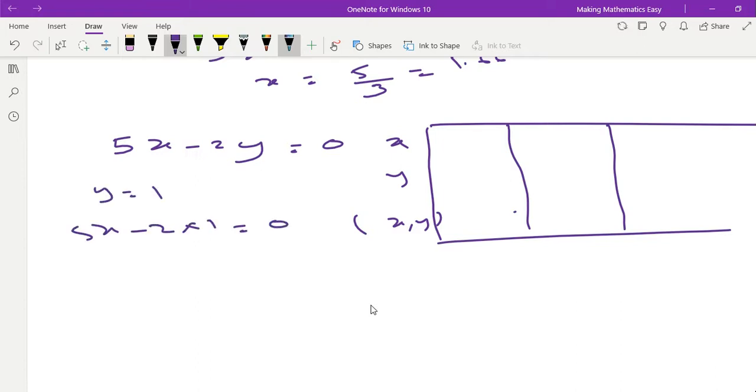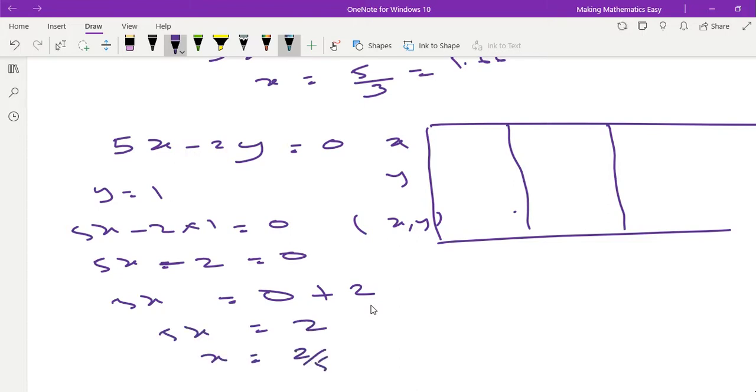So 5x minus 2 ones are 2 is equal to 0. 5x minus 2 is equal to 0, this 2 will go over here, this will become plus, so this will be 2. 5x, x is equal to 2 divided by 5, so this will be 0.4. Okay, so this will be 0.4 and this will be 1, so the coordinate is 0.4 comma 1.